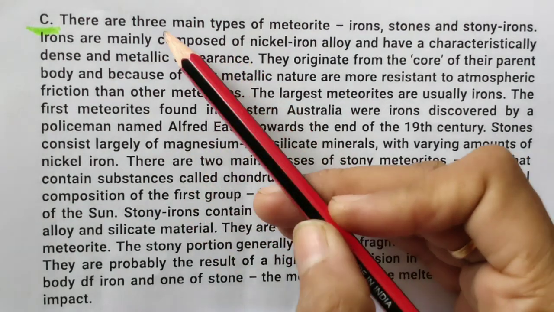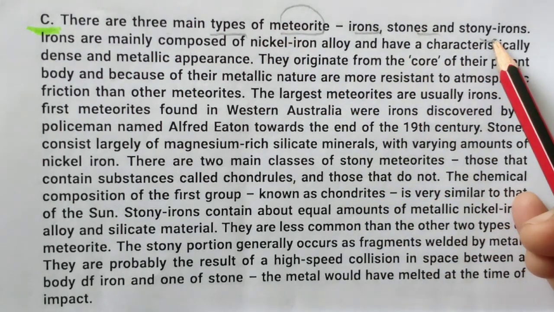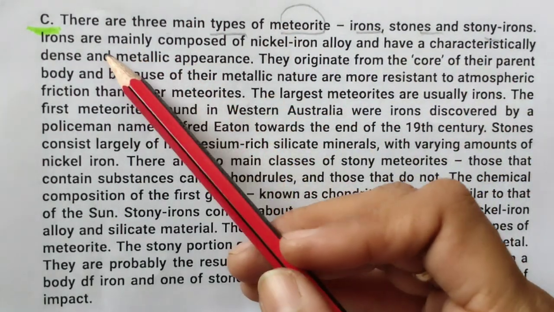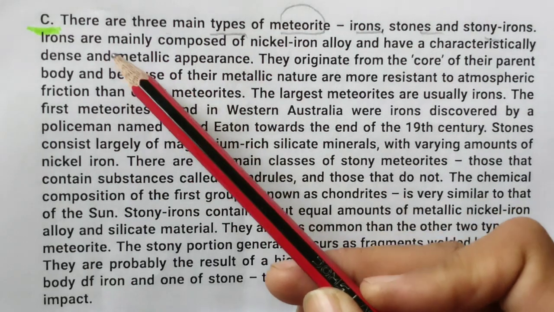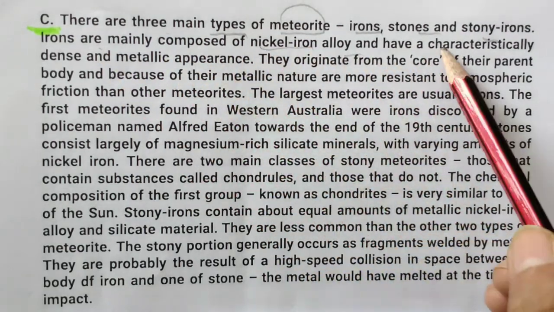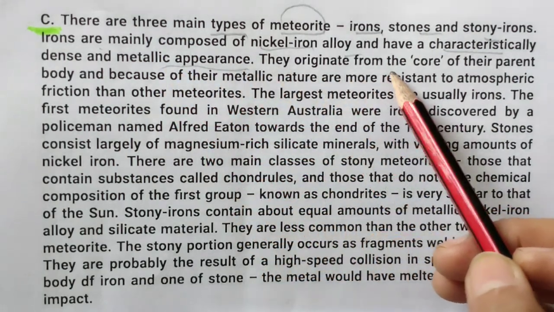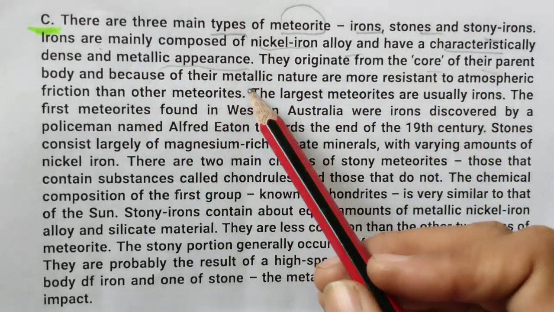There are three main types of meteorites: iron, steel. Without reading we can mark the answer, but let's read two or three more sentences. Irons are mainly composed of nickel, iron, and have a characteristically dense and metallic appearance. They originate from the core of their parent body, metallic nature.